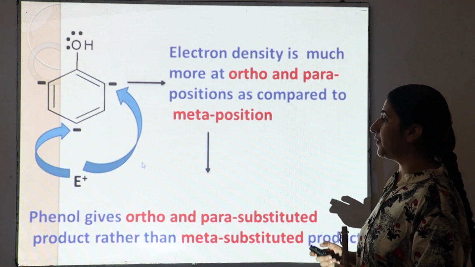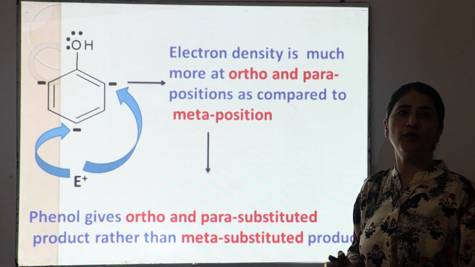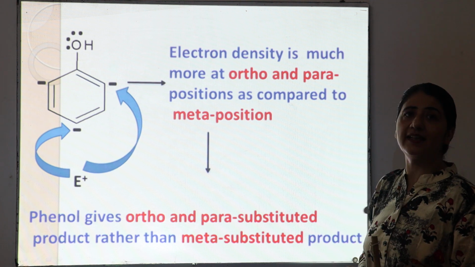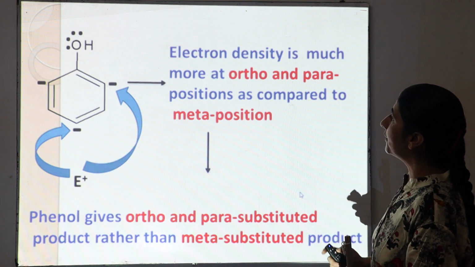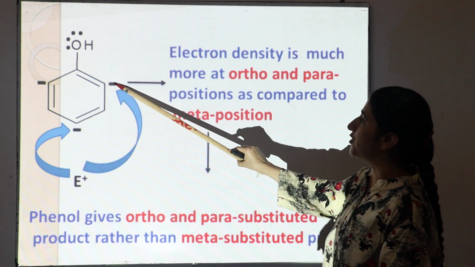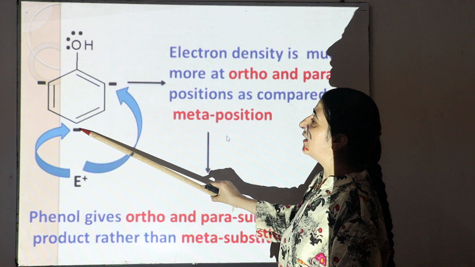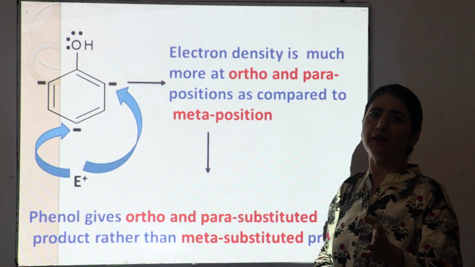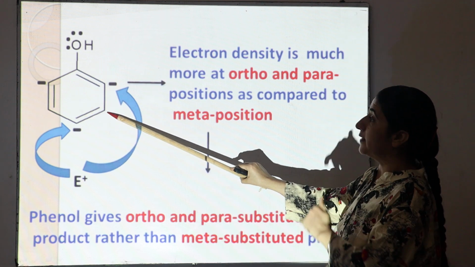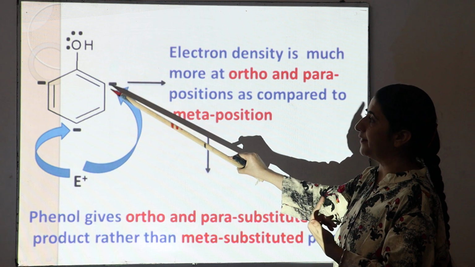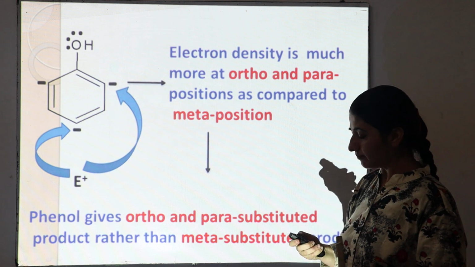This is why phenol gives ortho and para substituted products: there is a high negative charge at the ortho and para positions compared to the meta position, where there is an absence of negative charge.